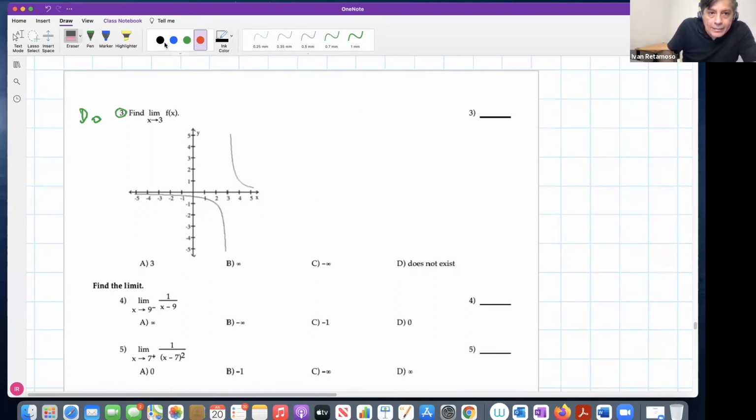The hint again: approach 3 from the left, see where the output values are going, and then approach 3 from the right, see where the output values are going. If there is convergence, there is a limit. If there is no convergence, no limit.